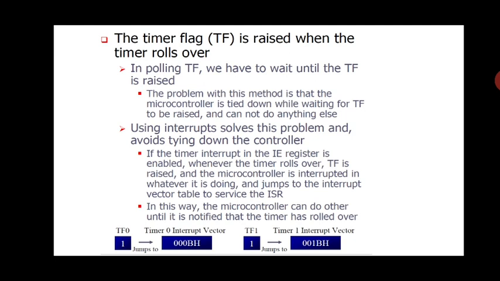When the microcontroller sees this interrupt, it immediately services the corresponding timer by jumping to a specific location, which we call the interrupt vector table: location 000BH for timer 0. Similarly, 001BH for timer 1. The microcontroller goes to these locations and executes what we call the interrupt service routine.